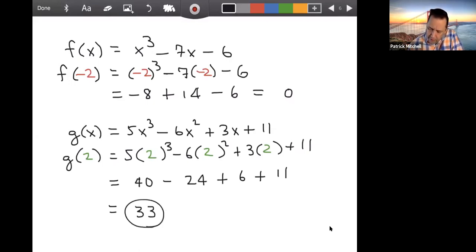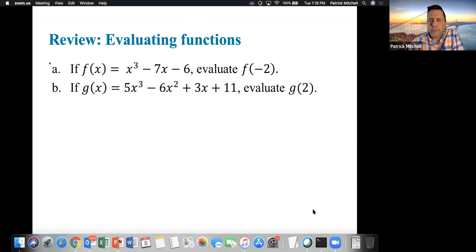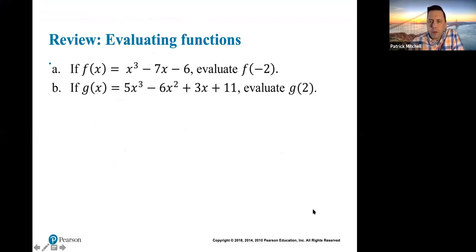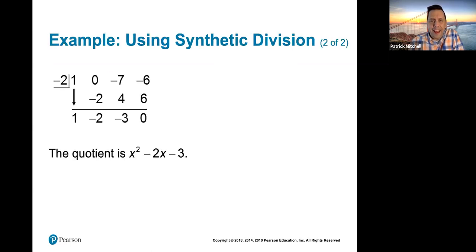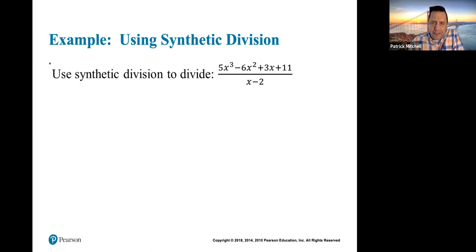Now I'm starting to have some deja vu. Where have I seen those answers before? Let's see. Oh, well, we're not going to see it on here. 33 was the remainder to this division problem, and 0 was the remainder to this division problem.